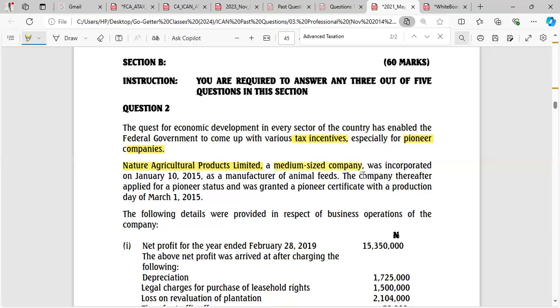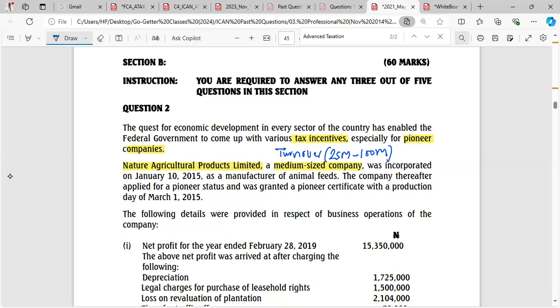It's because a medium-sized company has turnover between 25 million and 100 million.